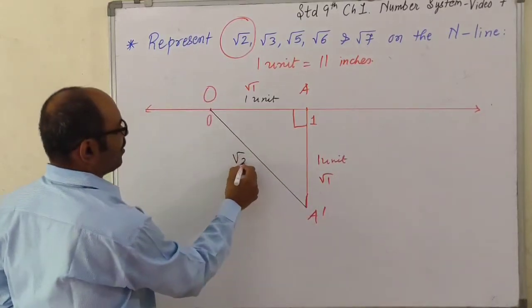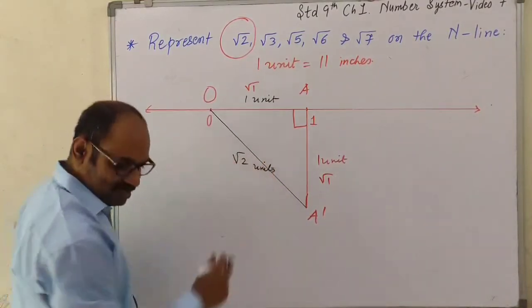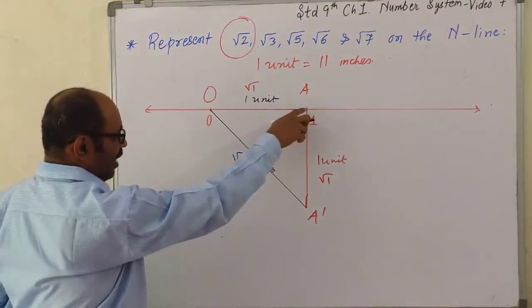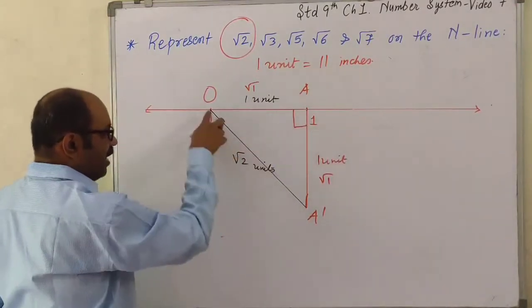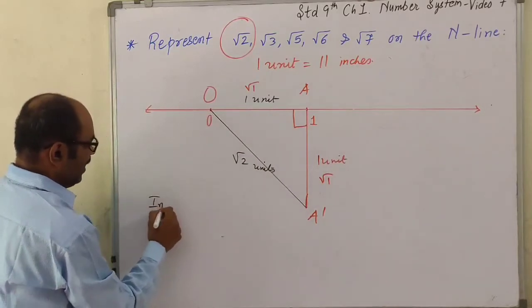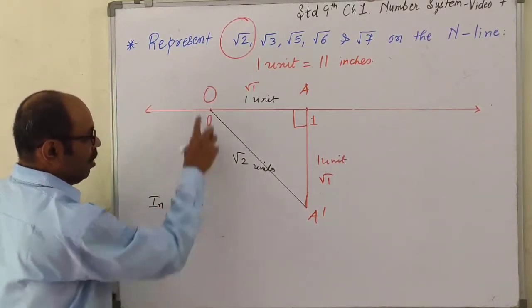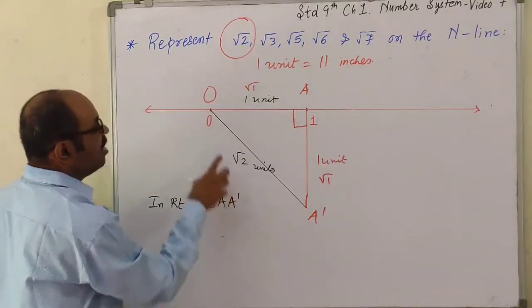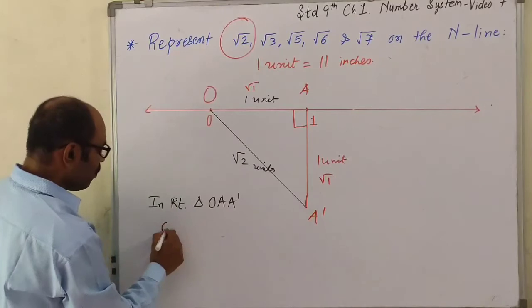This is obviously root 2 units, and that you have to show. This is right triangle OAA dash. Which is the hypotenuse? OA dash.